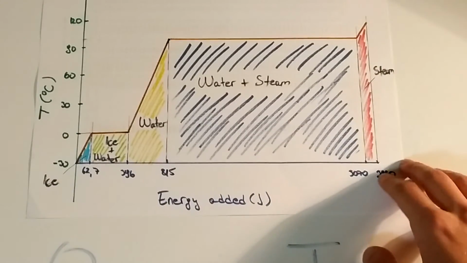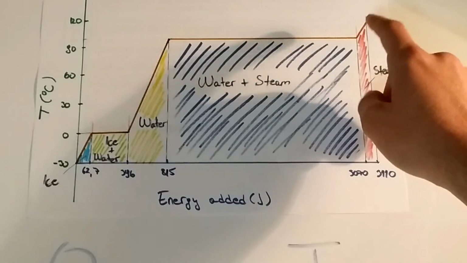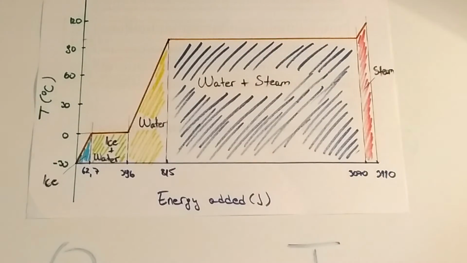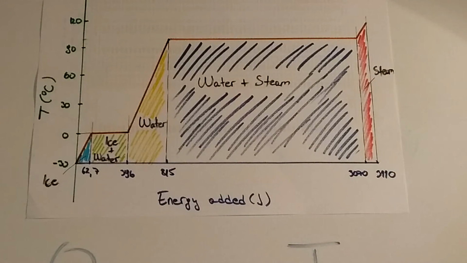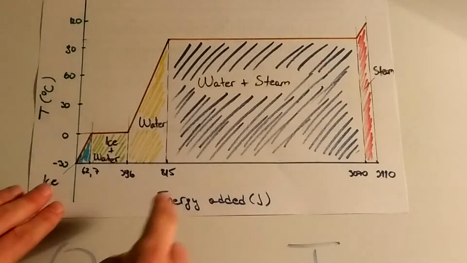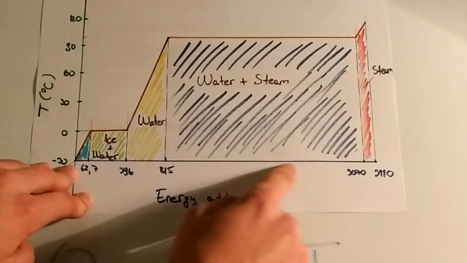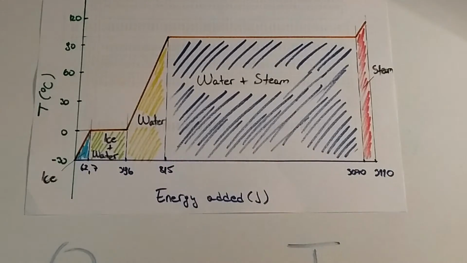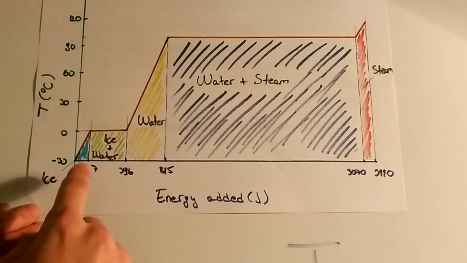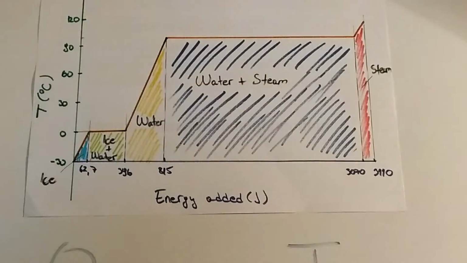Then we're raising the temperature of the steam from 100 to 120 degrees Celsius. As you can see, this is a big energy change, meaning that we need a lot more energy to convert the water at 100 degrees Celsius into steam.